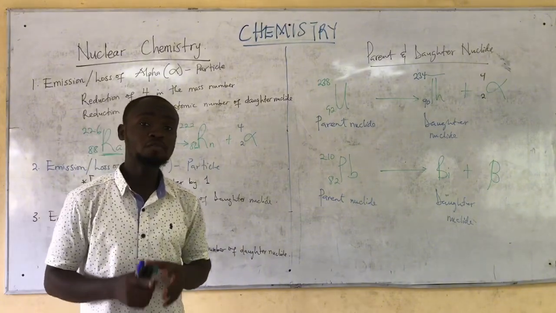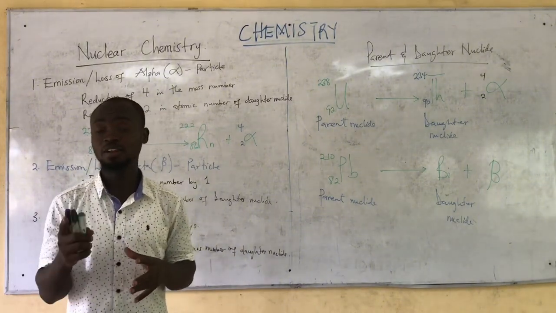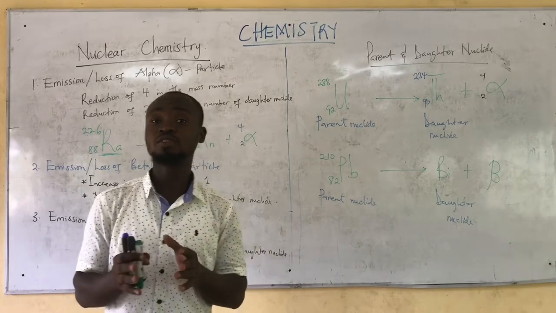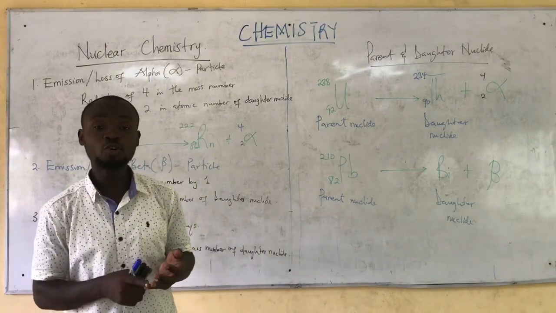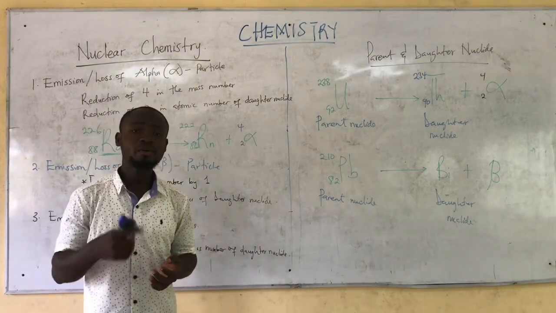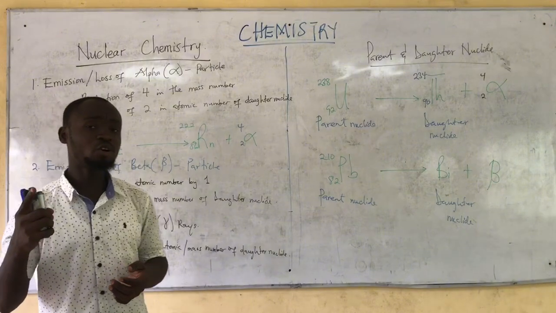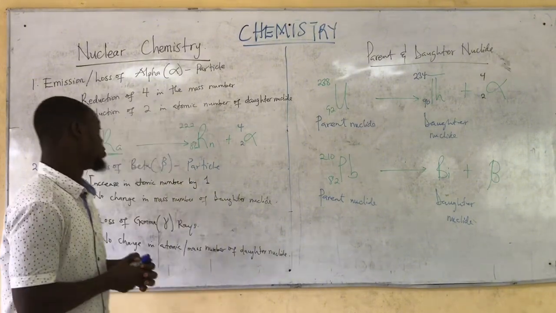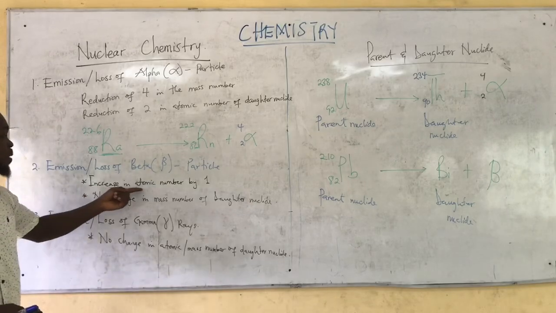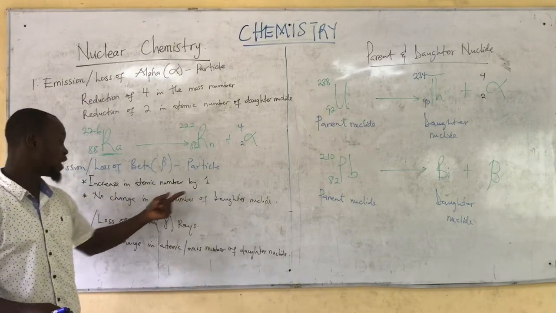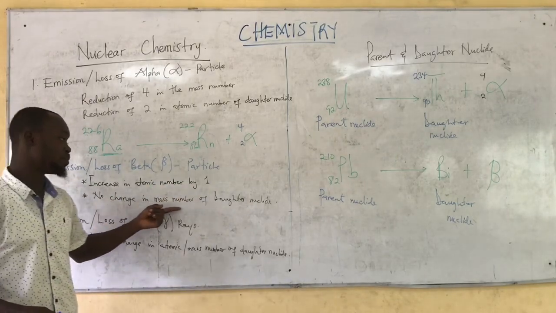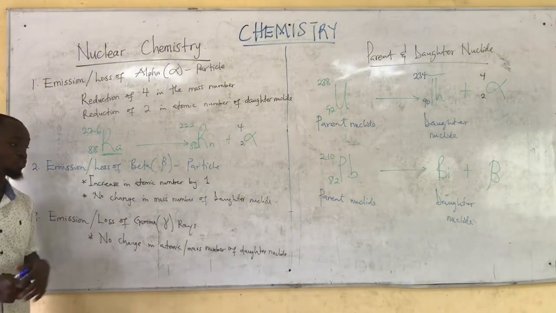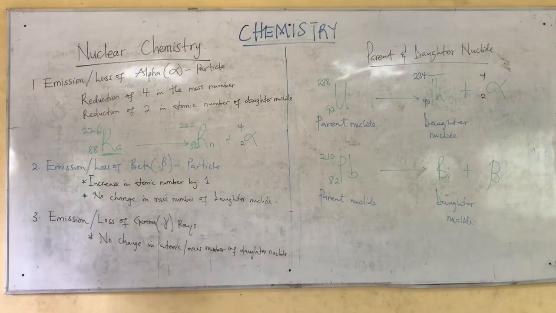The mass of both the daughter and the parent nuclide remains the same, but the proton or atomic number increases by 1 for the daughter nuclide compared to the parent nuclide. Is that okay? So, an increase in atomic number by 1 of the daughter nuclide, and no change in mass number of the daughter nuclide. That is emission or loss of a beta particle.